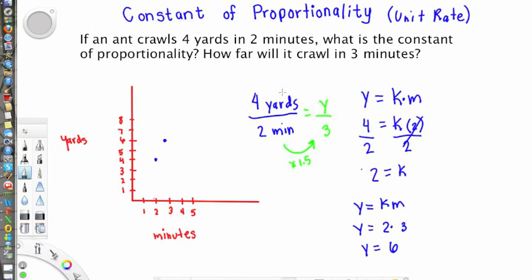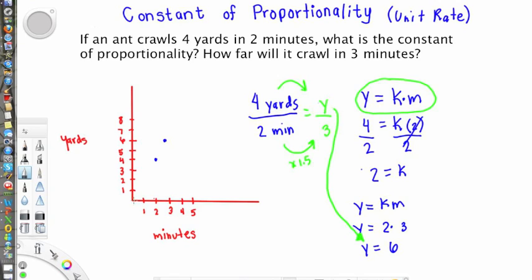And what we do to the bottom, we must do to the top. And 1.5 of 4, sure enough, is going to be 6. But here's our little formula here. Our top term is equal to whatever this unit rate is times our bottom term.